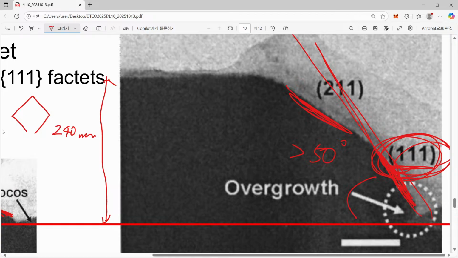And of course this angle is higher than 50, so they are not exactly 90 degrees. They have an angle larger than 100 degrees. And now the bottom line is of course given by its silicon fin structure.